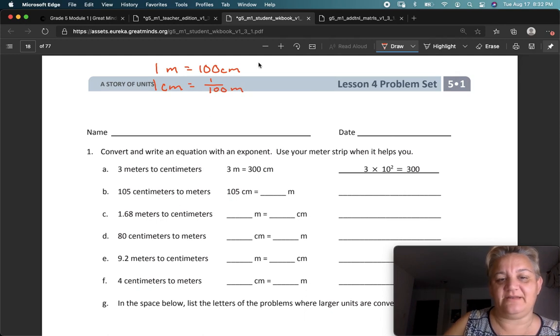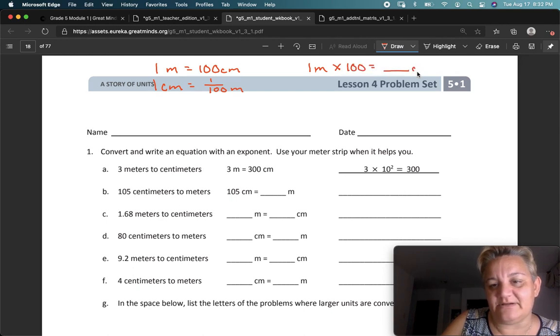How do we find that? Well, that's easy. If we have 1 meter, we can multiply it by 100, and that's going to give us how many centimeters. And if we have 1 centimeter, we can divide by 100, and that will give us how many meters we have, okay? Remember, multiplication and division are opposites.